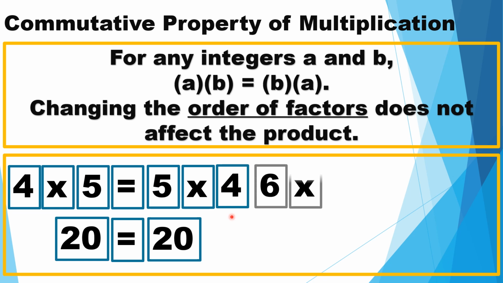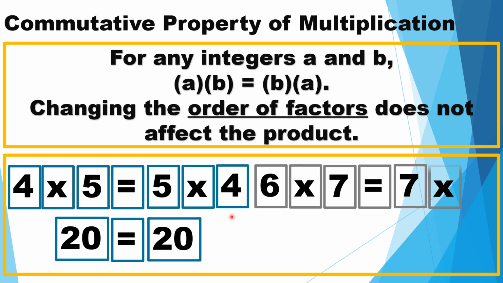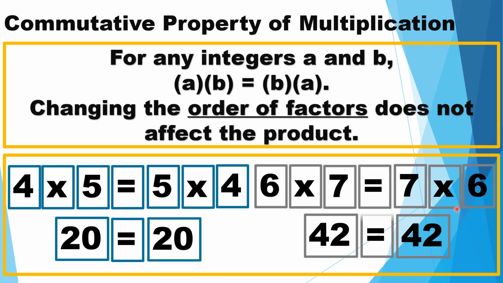Next, 6 times 7 is equal to 7 times 6. 6 times 7 is equal to 42. 7 times 6 is equal to 42. 42 is equal to 42. Tandaan, pag commutative, it refers to order.